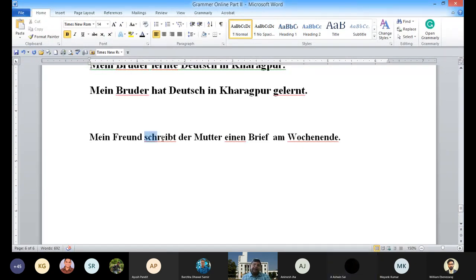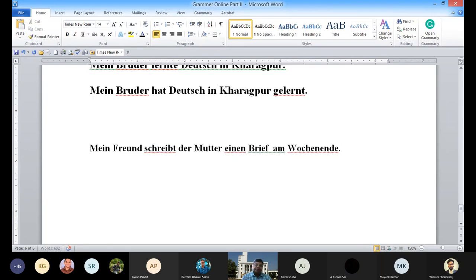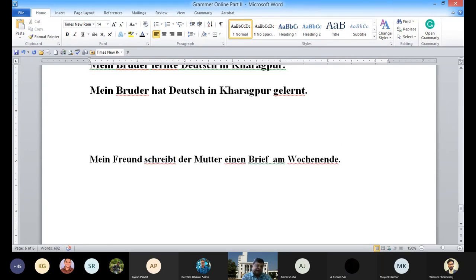So here the verb is schreibt. This verb has come from schreiben. Let me give you the three forms of this verb: schreiben, schrieb, geschrieben.